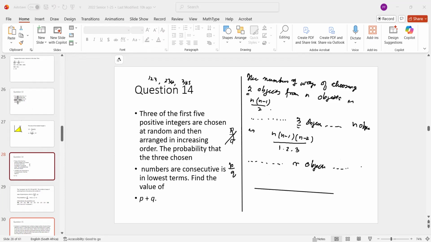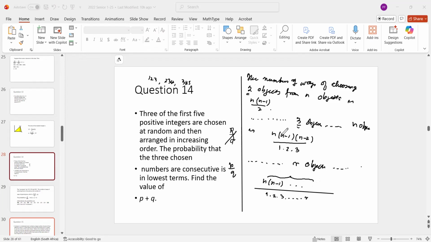The denominator, as in the case of this, is 1 times 2 here, and this is 1 times 2 times 3. So at the denominator, we have 1 times 2 times 3, going all the way up to r. And at the top, you start from n, and you keep coming down, but you stop as soon as you have r factors.